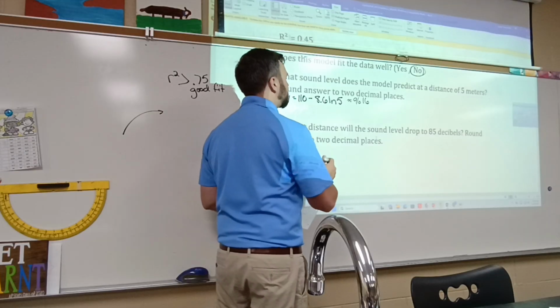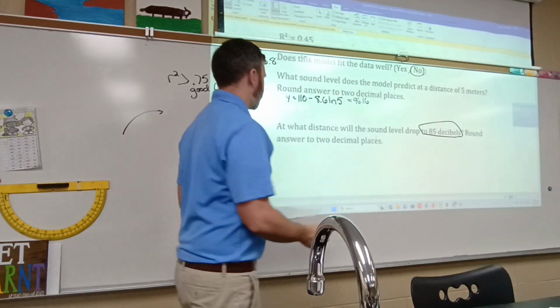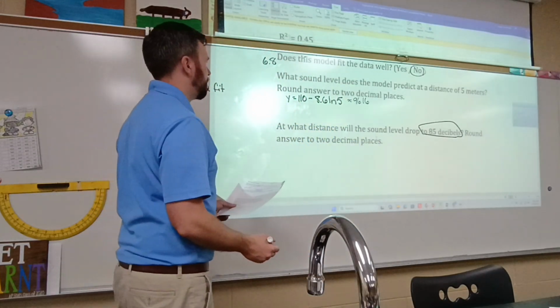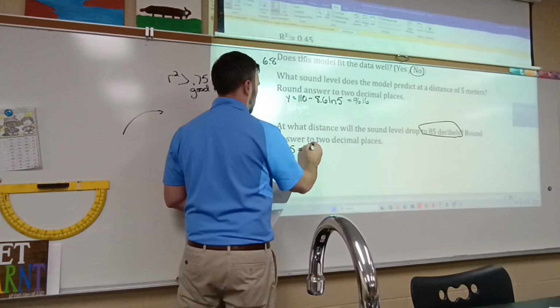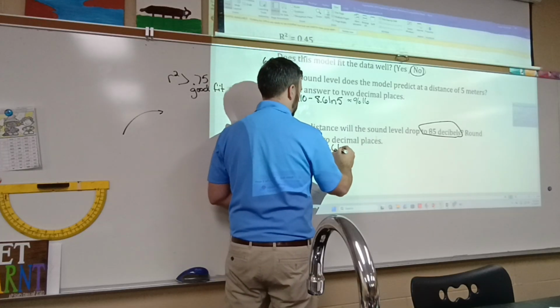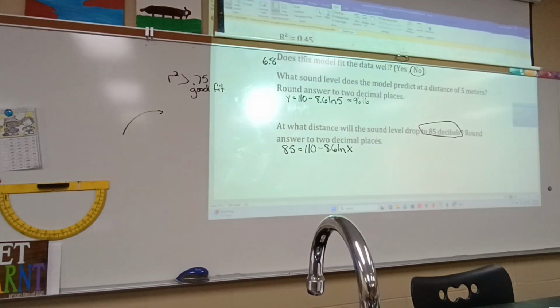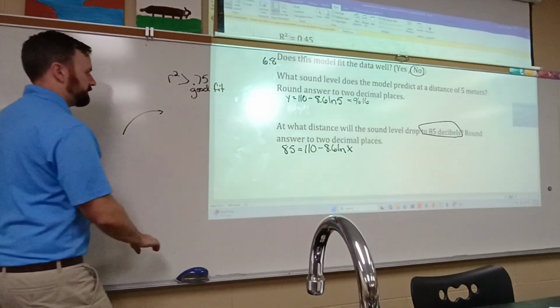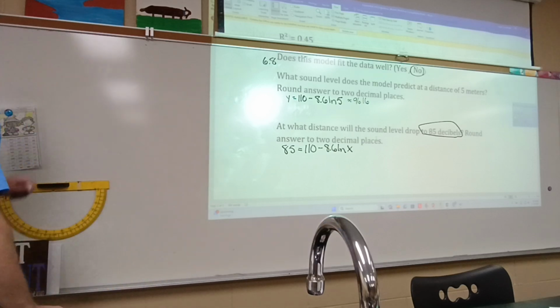All right, at what distance would it drop to 85 decibels? All right, so now I'm going to switch them. I'm going to have 85 equals 110 minus 8.6 log of x, right? So we haven't done one of these in a long time, solving for a log. That's why I want to do this. Oh my gosh.